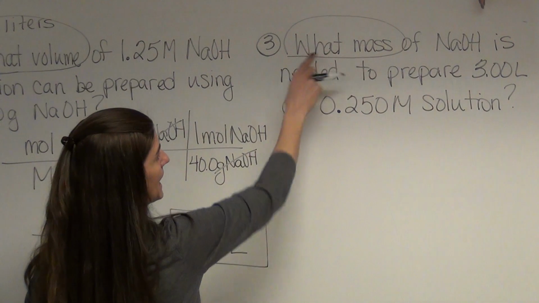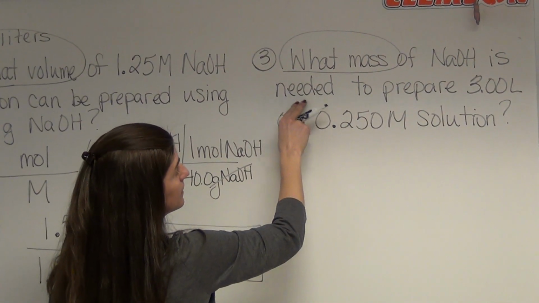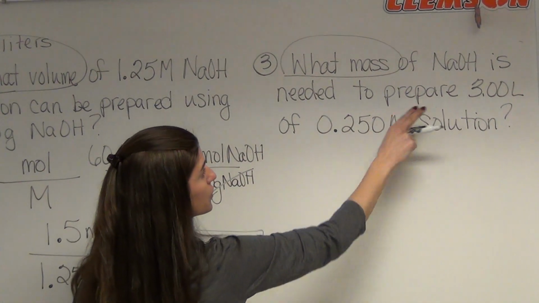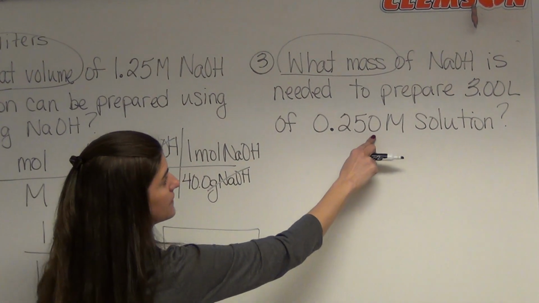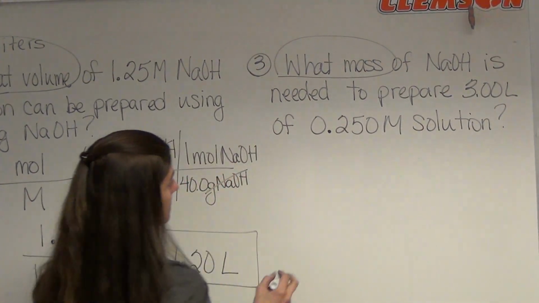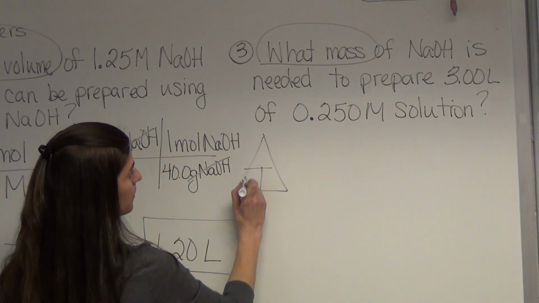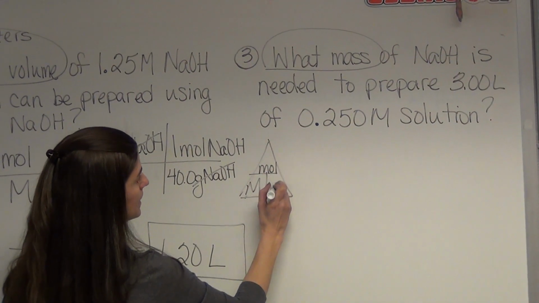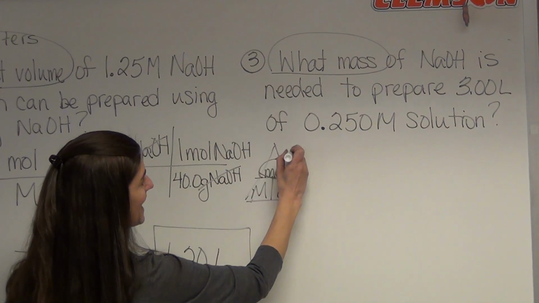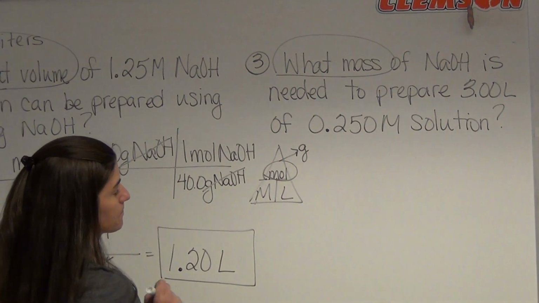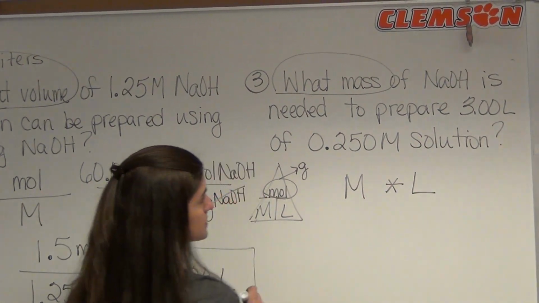So what mass of NaOH is needed to prepare 3.00 liters of 0.250 molar solution? So again, look at your triangle, molarity, moles, and liters. Well, we're looking for mass, so we're going to solve for moles and then convert to grams. So we have molarity times liters.